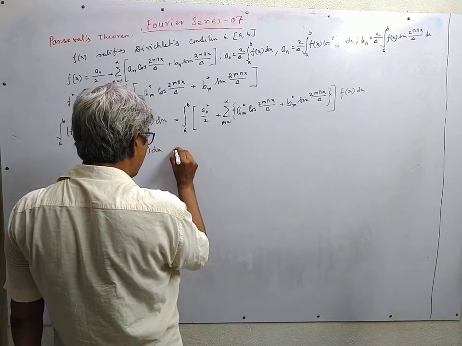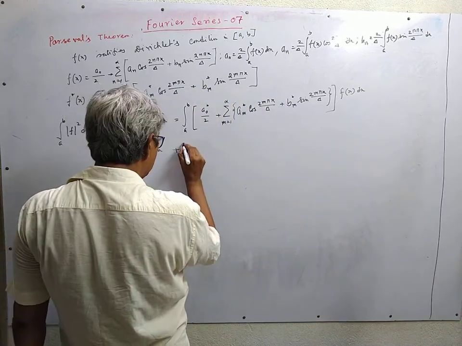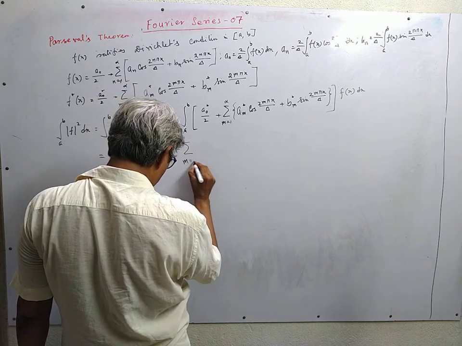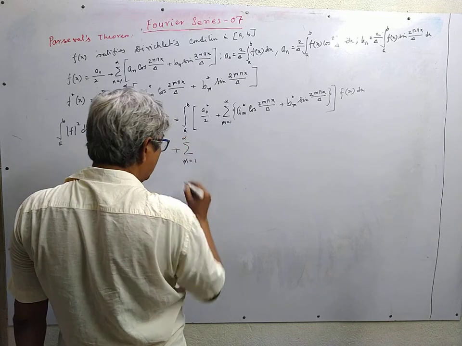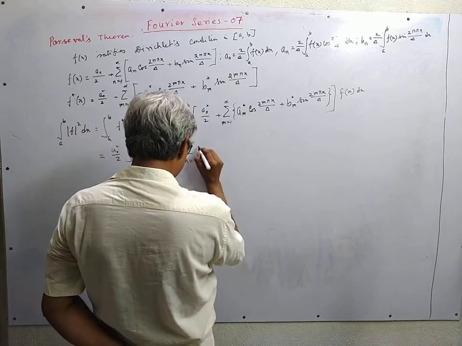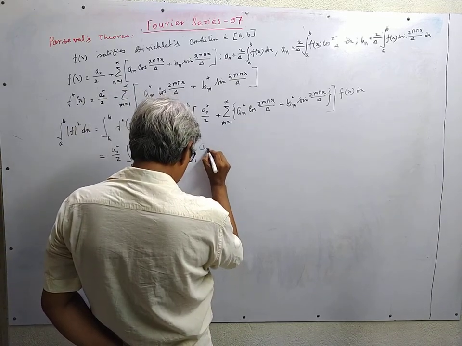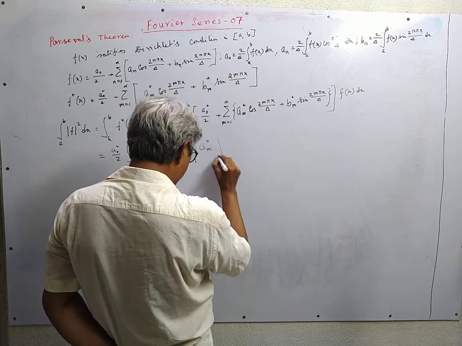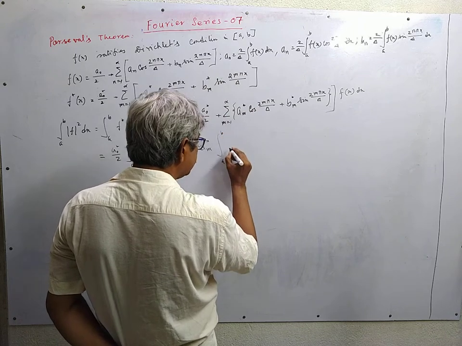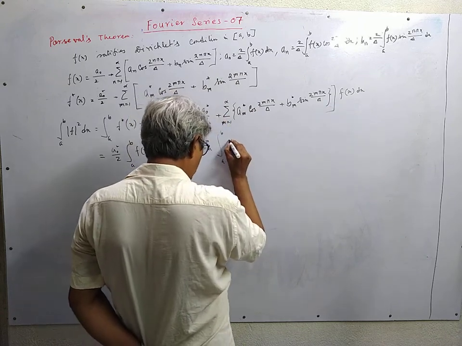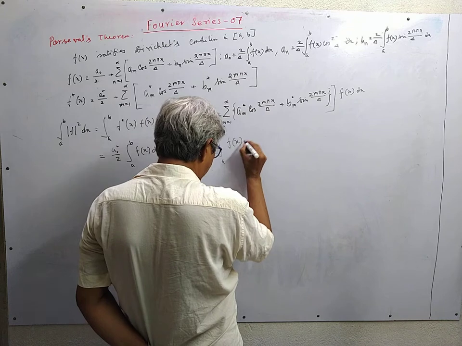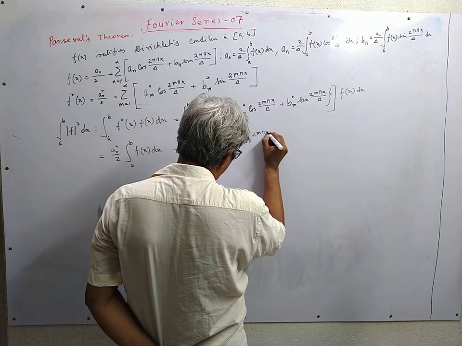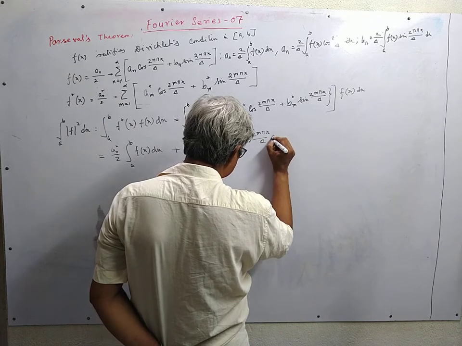For the rest, we take am star out, and then we have the integral from a to b of f(x) cos(2m pi x by delta) dx.